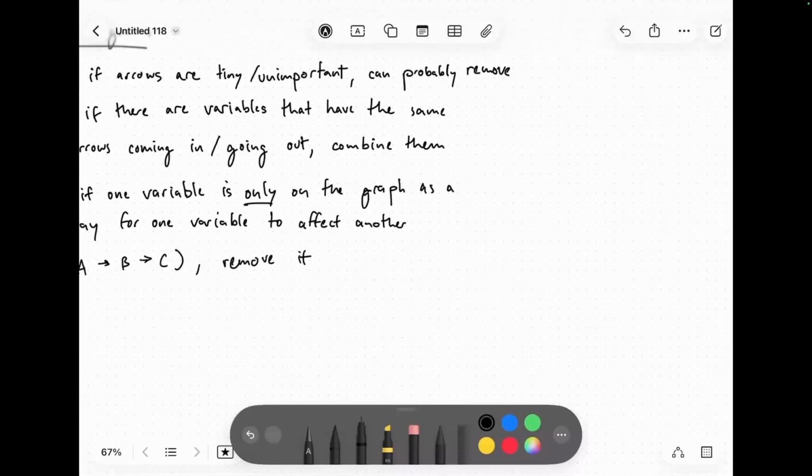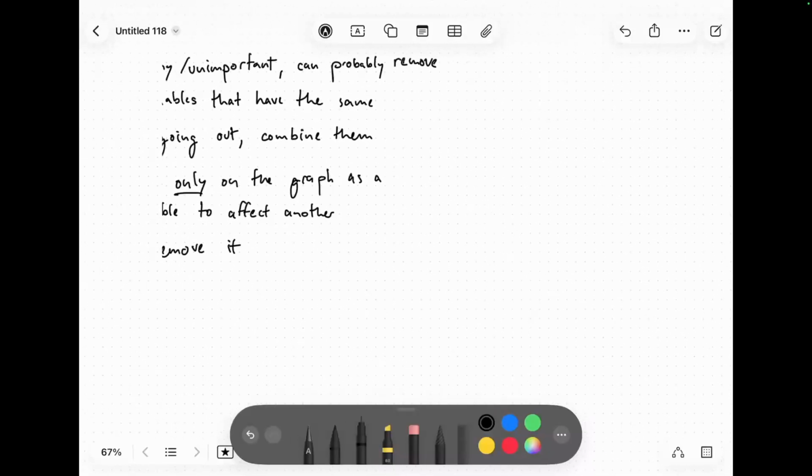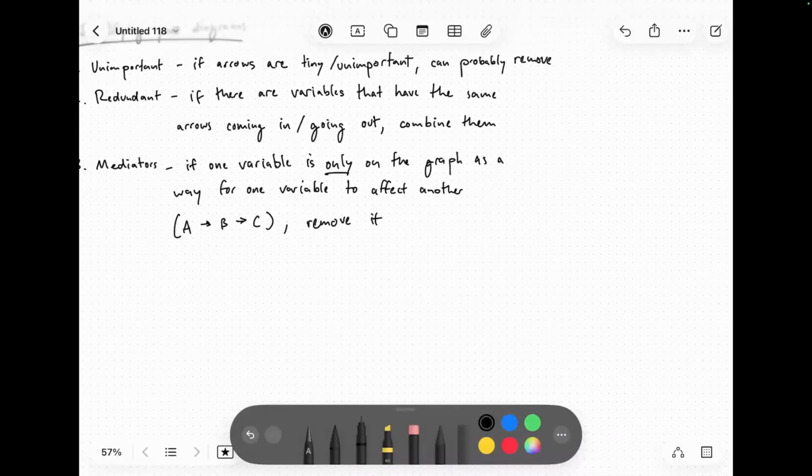Just to clarify really quickly, if I have something like A, B, C, and I'm interested in the effect of A on C, I can, in this particular case, just get rid of B. But if there are any other paths, if I am going around it, or if B is going to something else, in this case, you cannot remove it. It's only if it's purely a mediator variable. Okay.